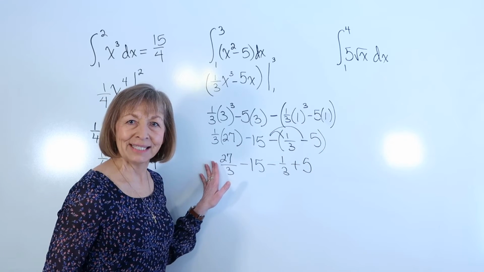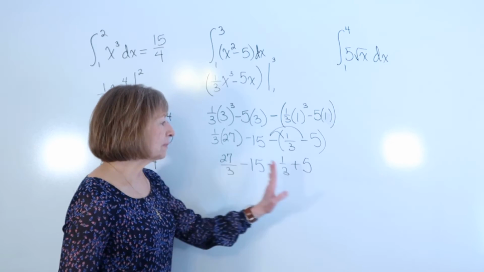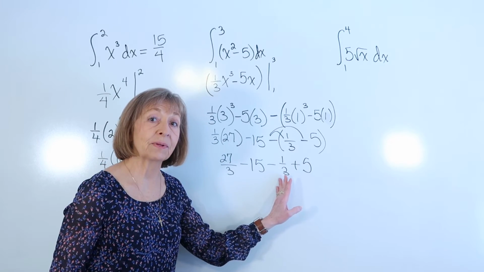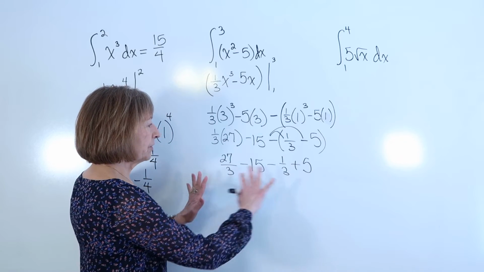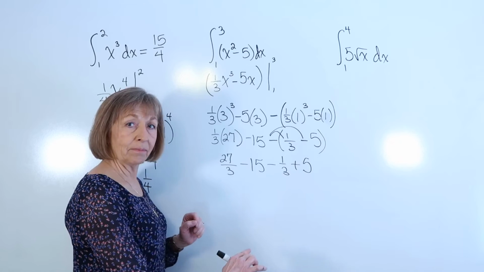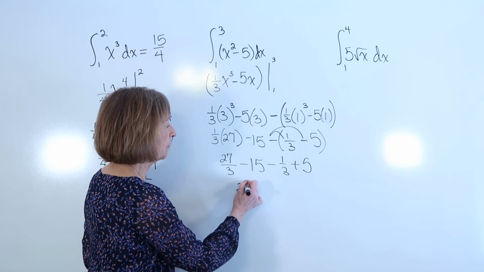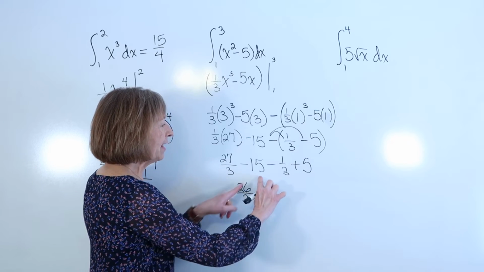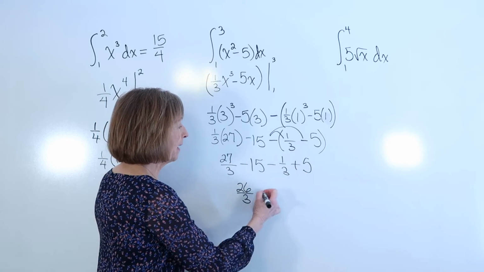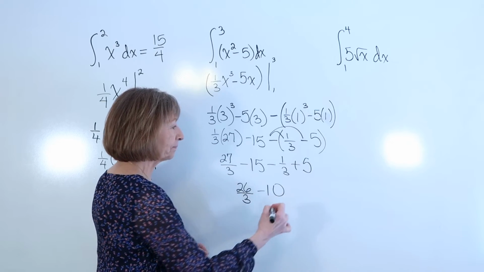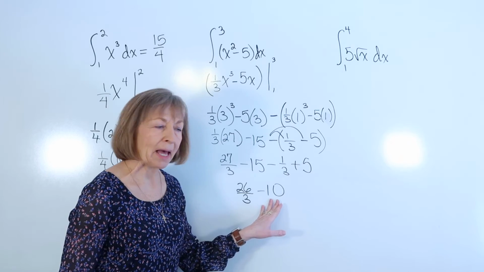And I leave this 27/3 instead of going to 9, just because I also saw I was going to minus 1/3 here and to kind of ease our calculations. So thinking about how I can combine these, I have 27/3 minus 1/3, well, that's 26/3. And then I have a minus 15 and a plus 5. So those combined give me a negative 10.